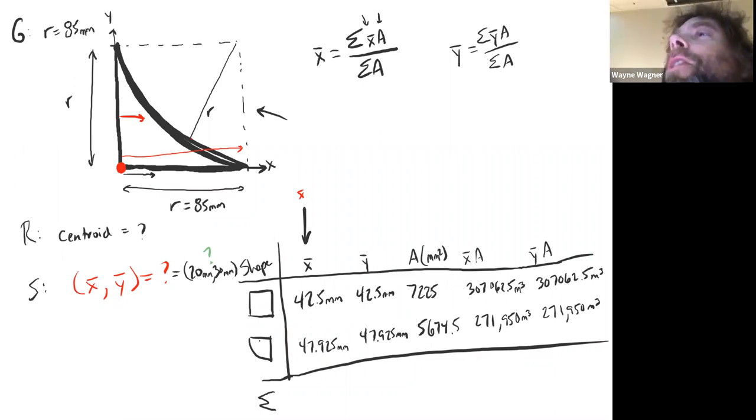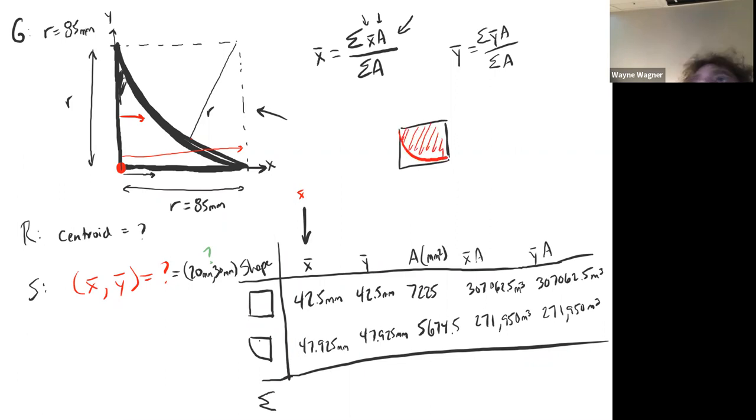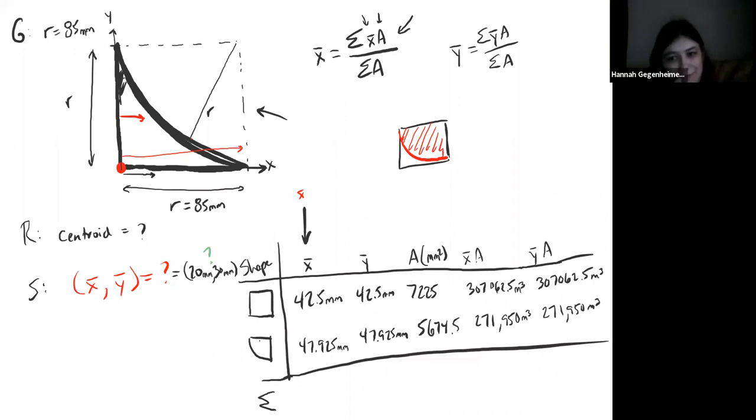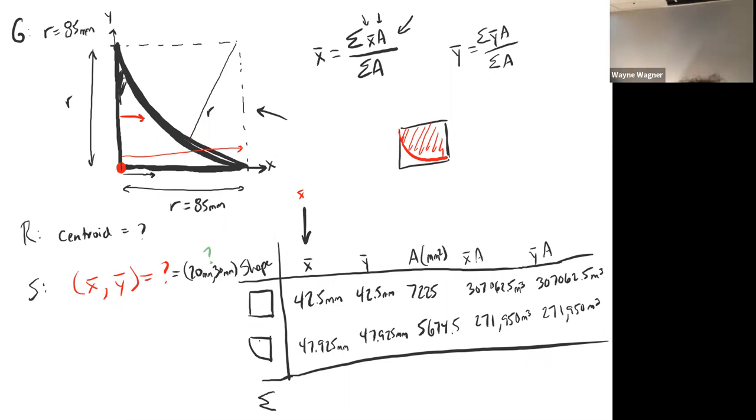So this is summation, but notice the area of the square looks like this, right? Am I adding this semicircle on top of that? Am I going, okay, let's now add a semicircle on top of that? The answer is no. What am I doing? Subtracting. Yep. So this area needs to have a negative sign in front of it.